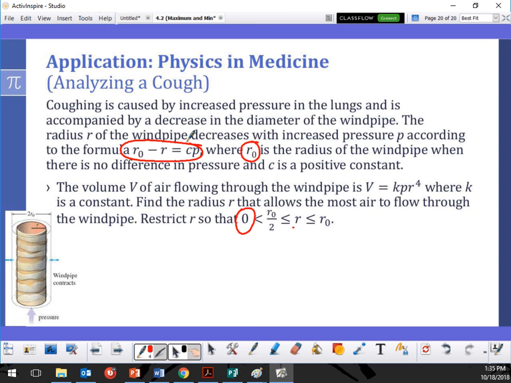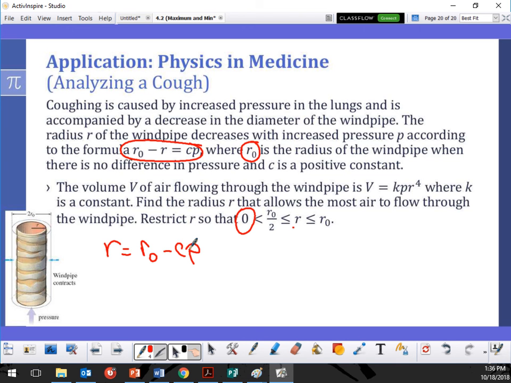So now we have C is a positive constant right there, and the radius R. I already looked at this and I totally forgot where I was supposed to take it. Because I know I'm going to get R is equal to R sub naught minus CP here.